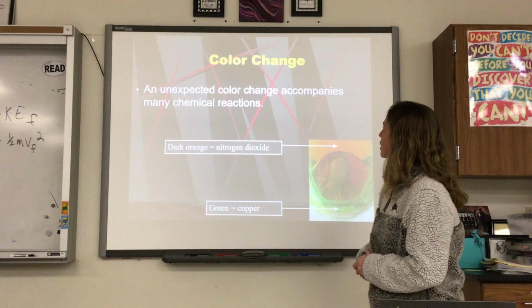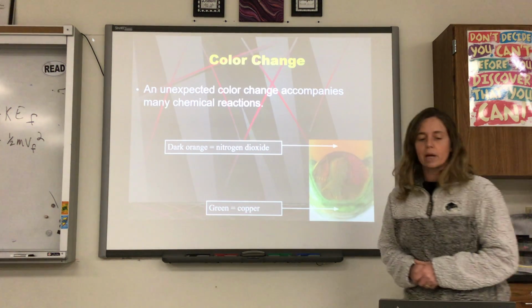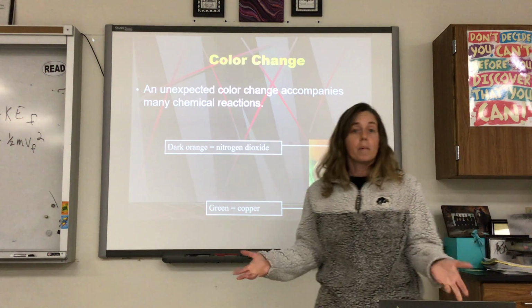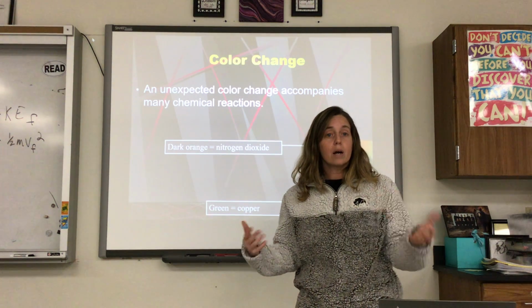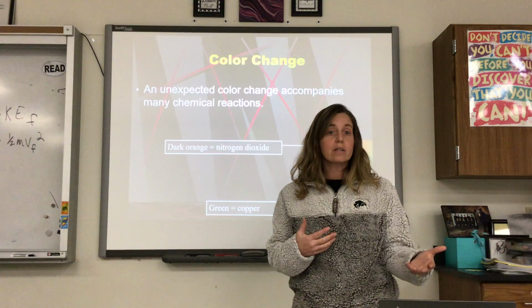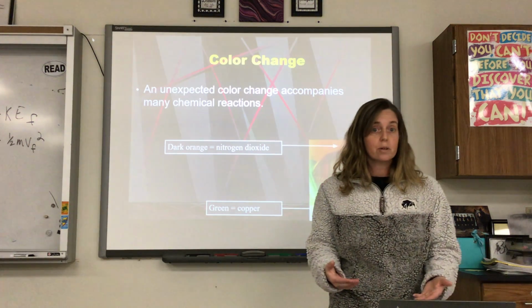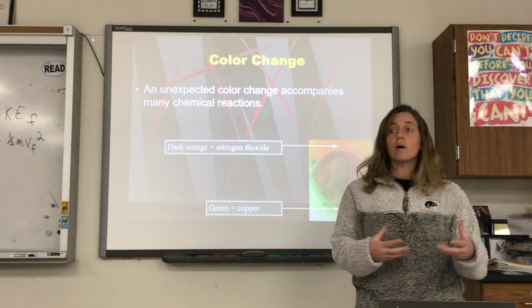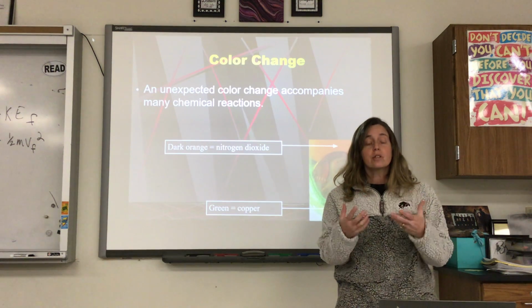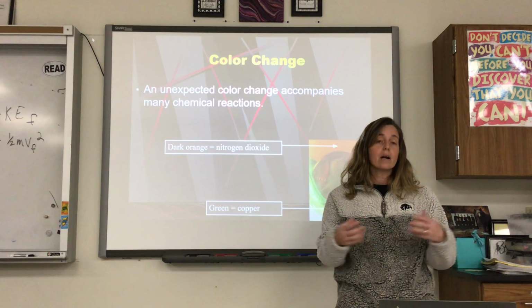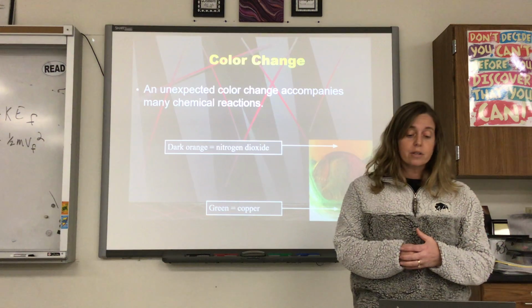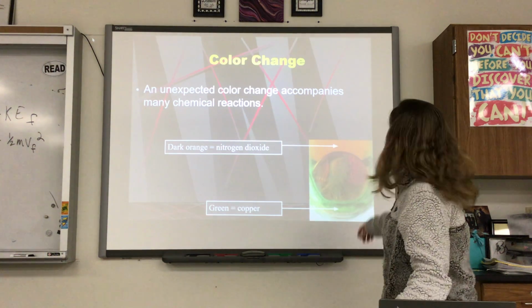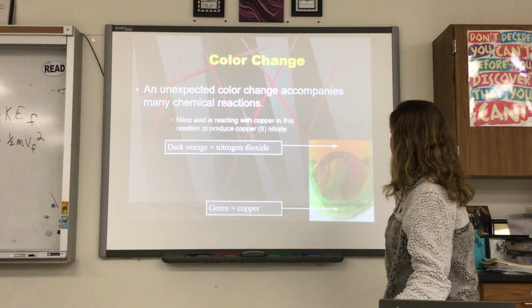Color change, right? An unexpected color change accompanies many chemical reactions. So, if you have an iron bumper, right? What happens if it oxidizes? That's where you get rust, okay? So rust forms from the oxygen in the air bonding to the iron, and it oxidizes and produces iron oxide, okay? So this right here is nitrogen dioxide, okay?